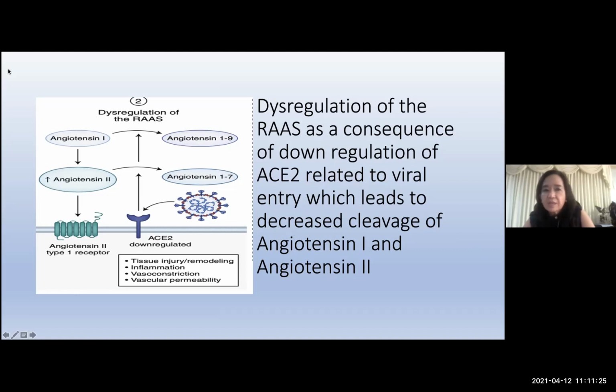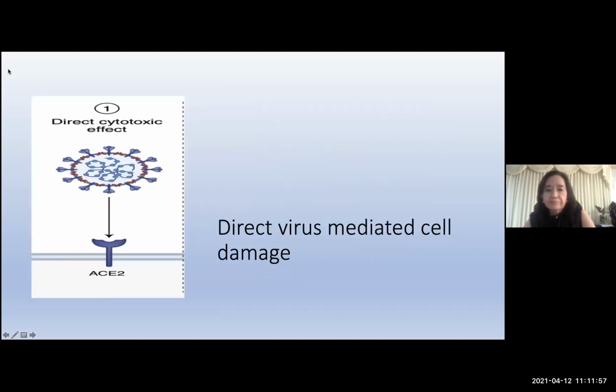Remember the renin-angiotensin system is the key balance of your blood pressure regulation, your vascular permeability, and tissue growth. The ACE2 cleaves angiotensin 1 into inactive angiotensin 1-9 and cleaves angiotensin 2 into angiotensin 1-7. Therefore, you have vasodilator effects, anti-proliferative, and anti-fibrotic effects.